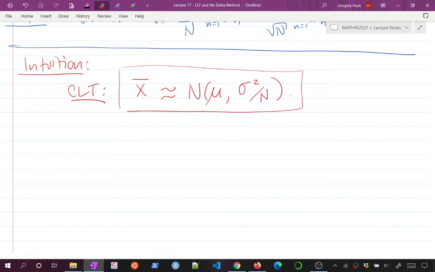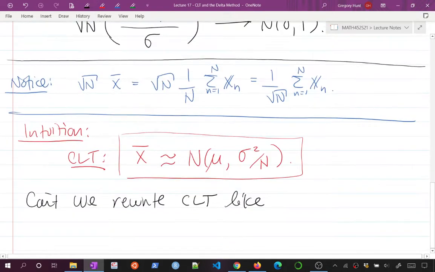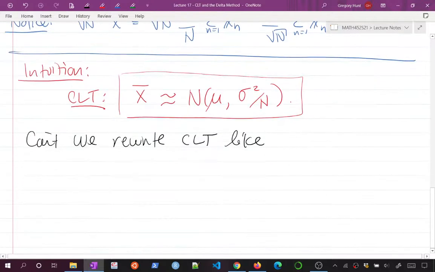And the reason is, so why can't I write this? Let's say we rewrite the CLT in a more friendly version. Can't I just move my n over? Can't I say something like X bar with n samples converges in distribution to a normal with mean mu and variance sigma squared over n?